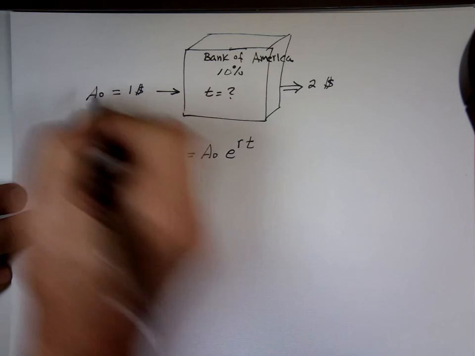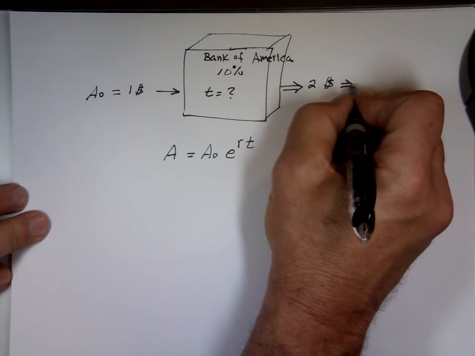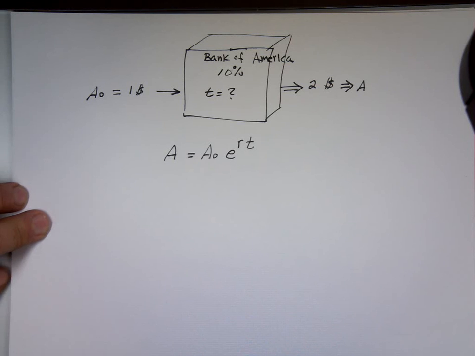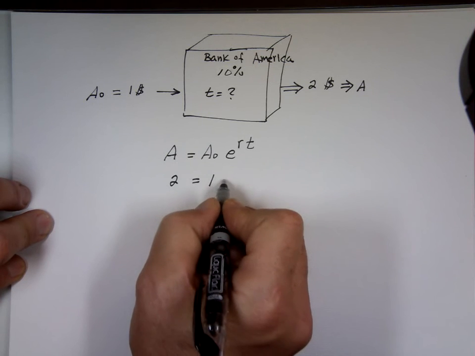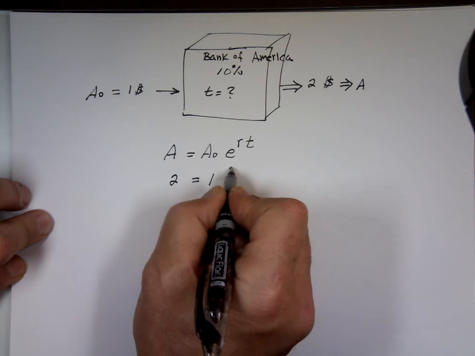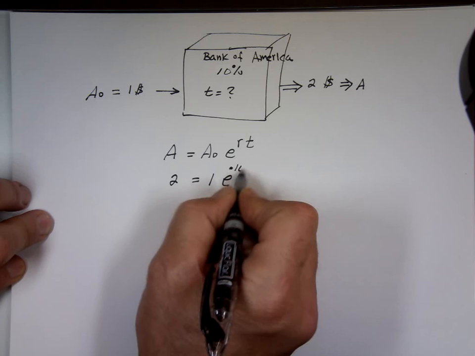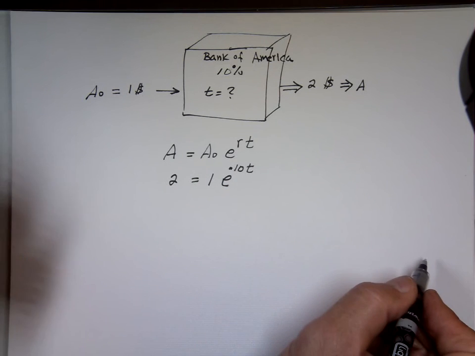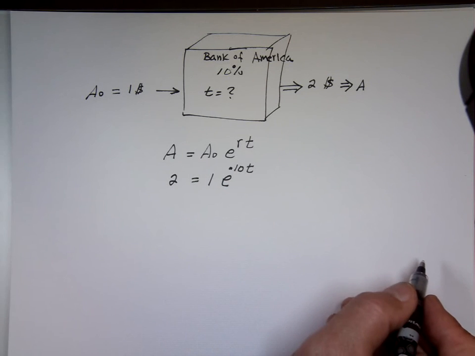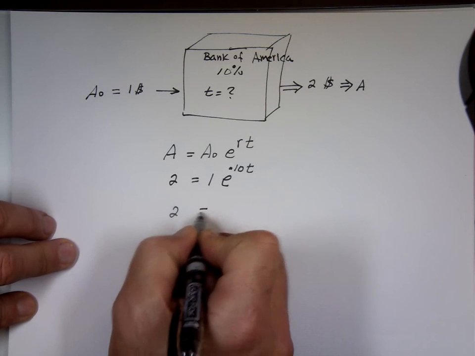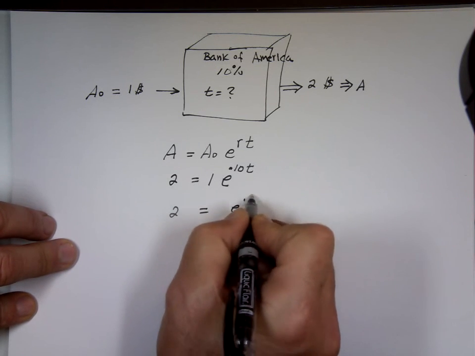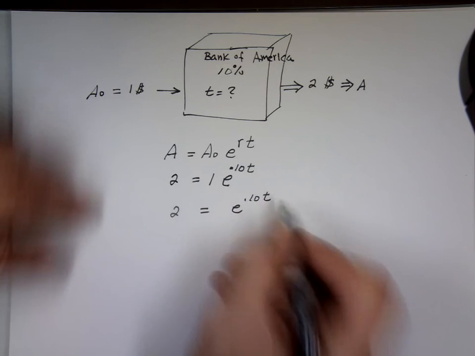A is the money you're getting at the end. So if you plug them in, 2 equals 1 e to the power 0.10 times t. And if I clean that equation, that's my equation.